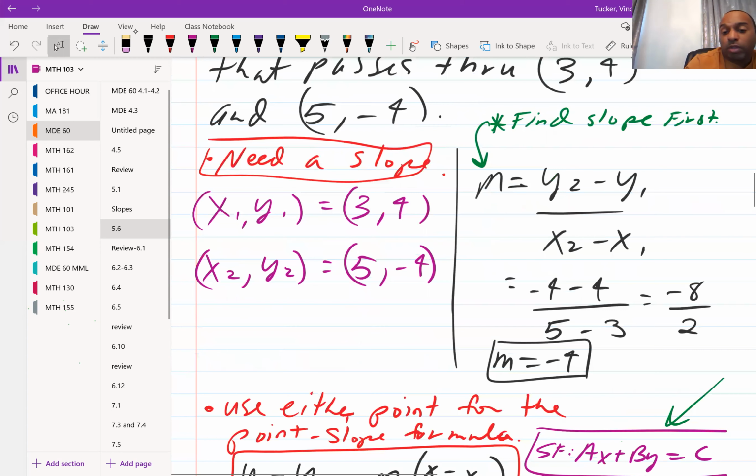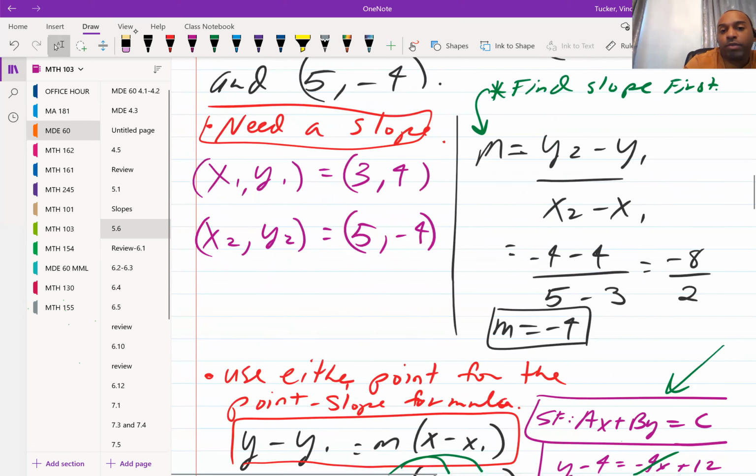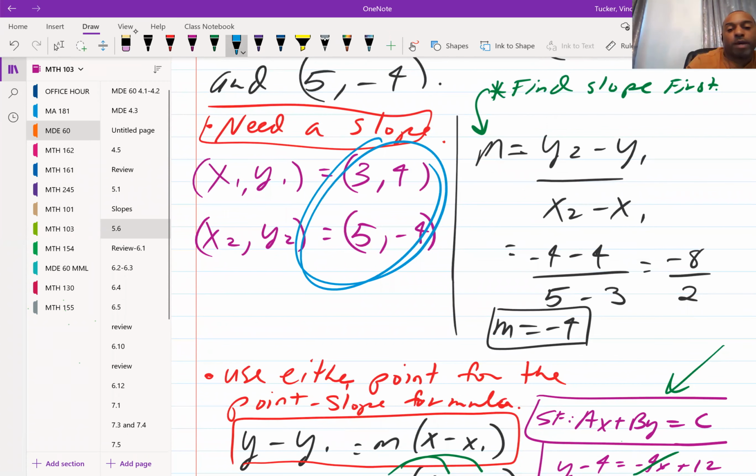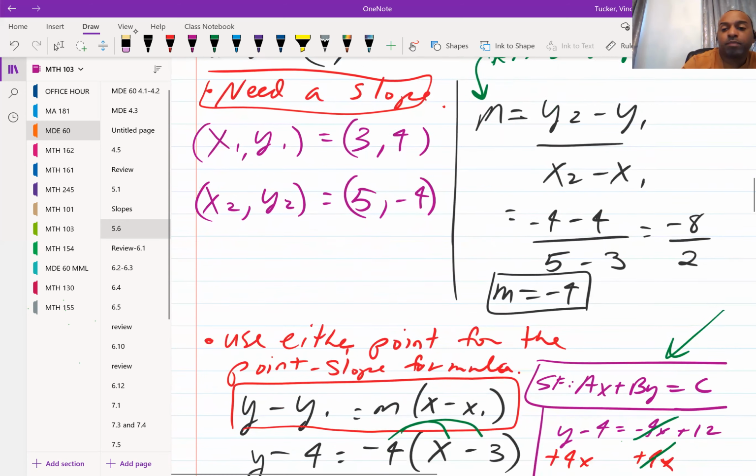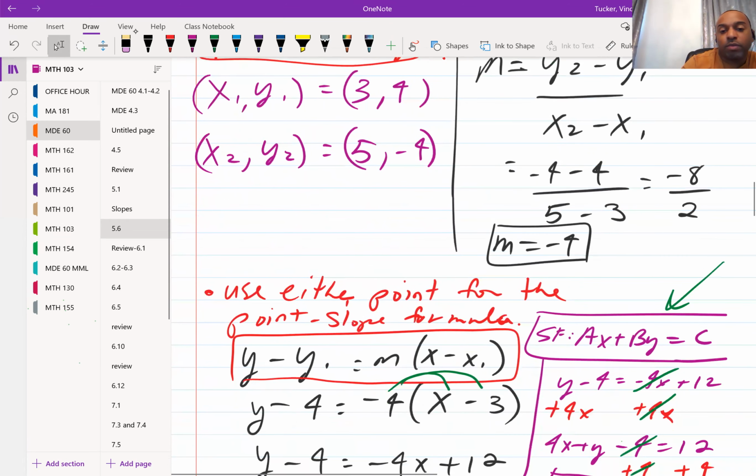So now we're going to use our point-slope formula that we used in the previous example. It doesn't matter which point you use. You can use either one of these points. I normally just use the one I already called x1, y1. But both points run through your line, so either one will give you the same result.